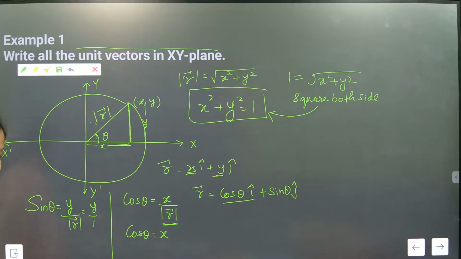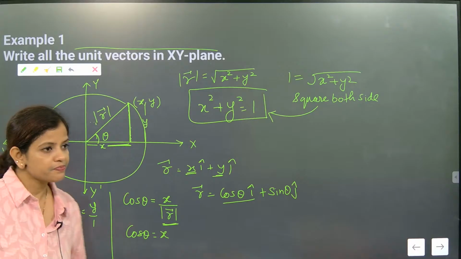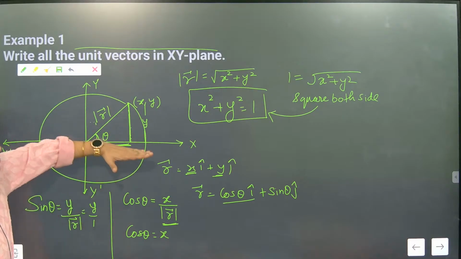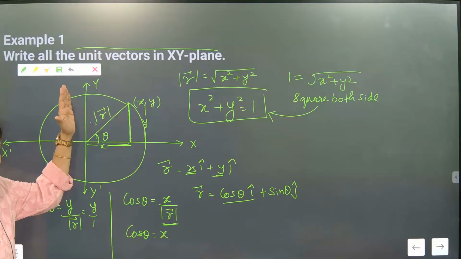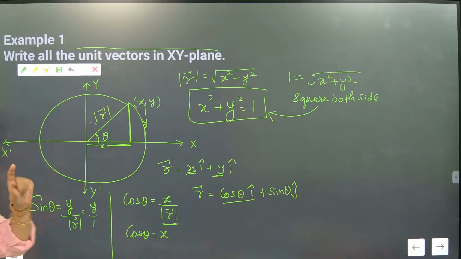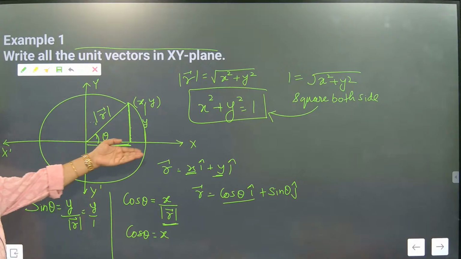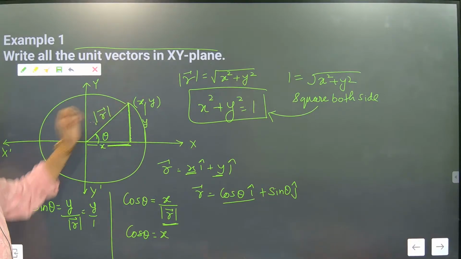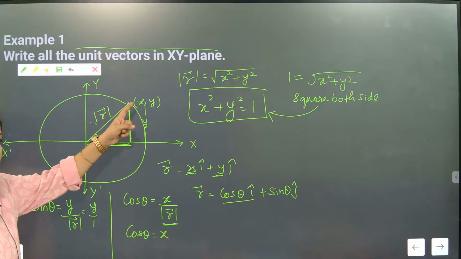All the unit vectors. Can I explain one more time, Sanjay? Now look here, beta. I started with the XY plane. XY plane means x axis and y axis. Understood? When I started with x axis and y axis, one thing you must notice, I drew only an acute angle. After drawing the acute angle, I took a point. That point will only rotate.